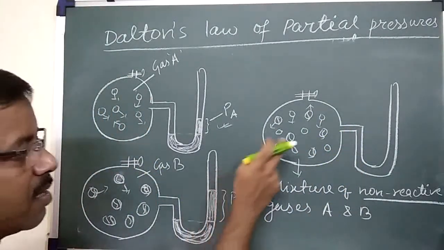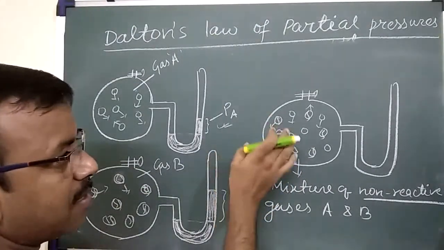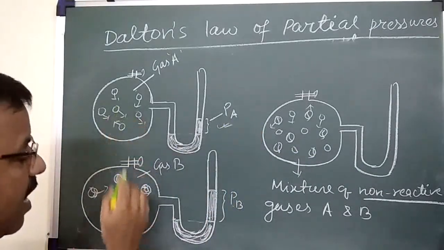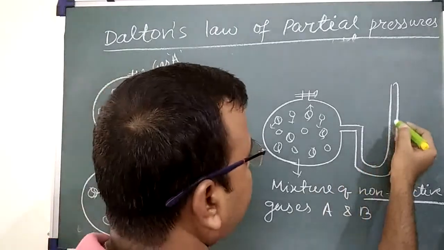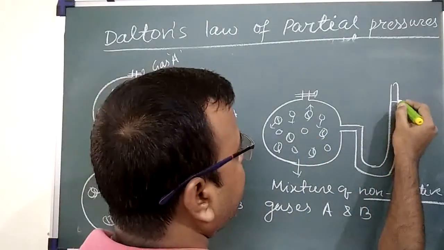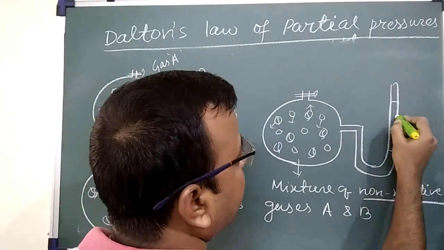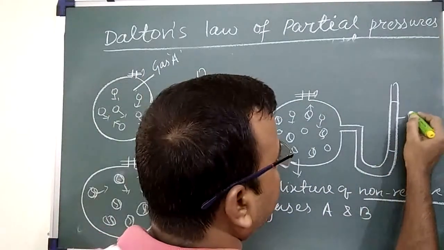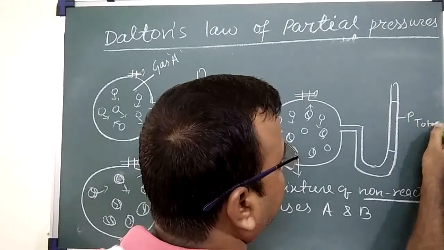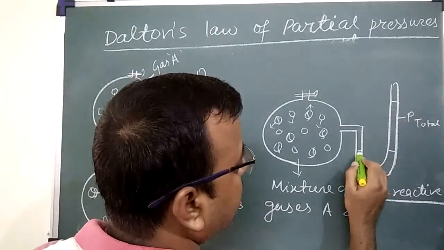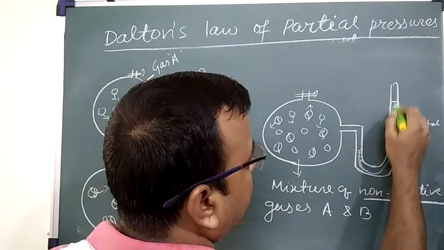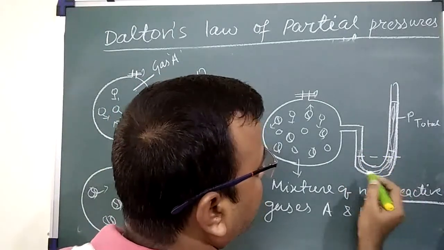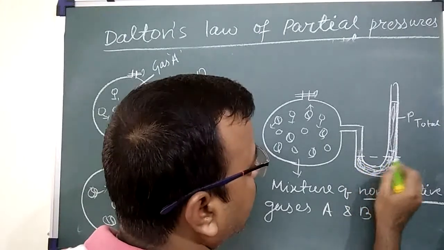Dalton states that the mixture of non-reactive gases will exert a pressure, and that pressure will be the sum of the partial pressures of A and B. So if you see again, if we add these heights, this is the height exerted by the mixture of gas A and B. So this is the total pressure of the mixture, and this is the difference in height of the mercury level.